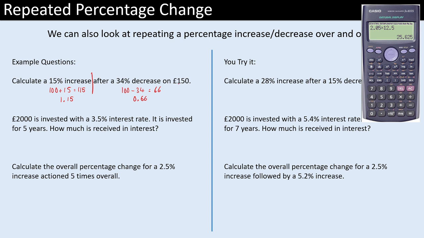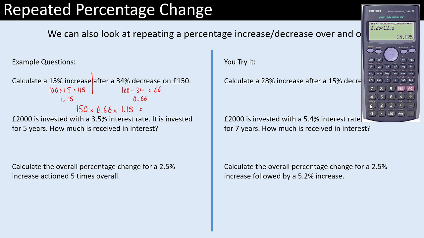Now, to work out what my overall amount is going to be, I'm going to have to multiply by these multipliers, just one after the other. So I would have to do 150, which is my starting amount, times by 0.66, times by 1.15. And that will just give me my answer.